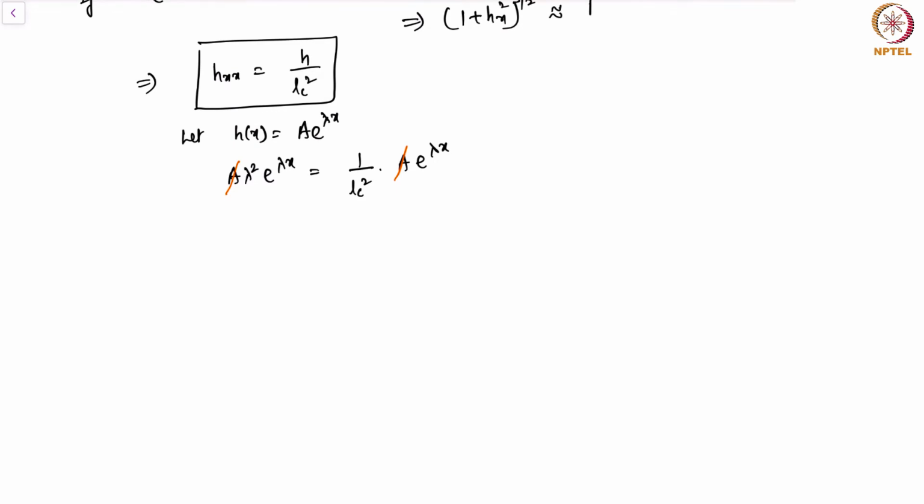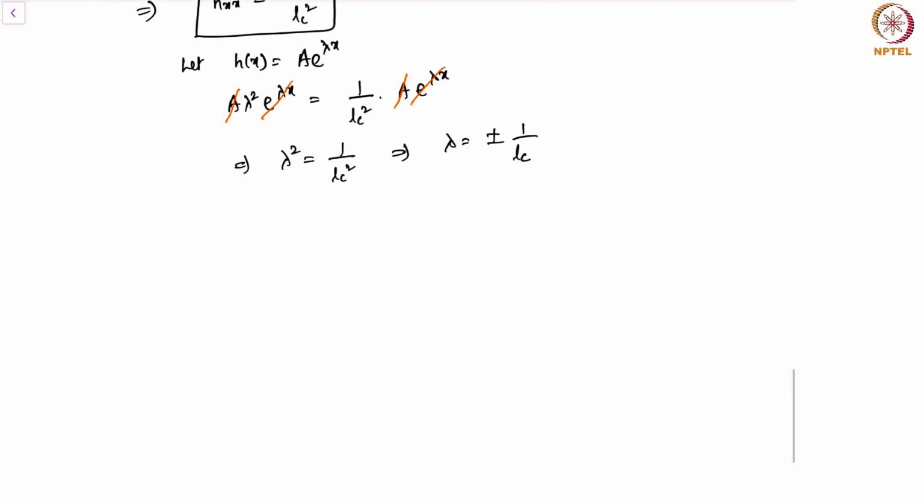Exponential terms can also be cancelled on both sides because they can never be 0, and I simply have lambda square is equal to 1 by LC square, or lambda is equal to plus or minus 1 by LC. Therefore, the general solution is h of x is some constant c1 e power x by LC plus c2 e power minus x by LC.